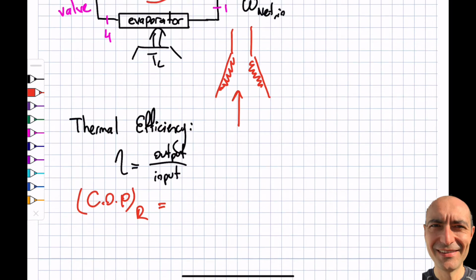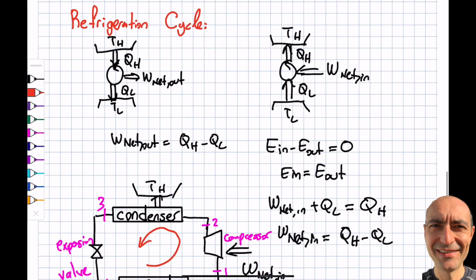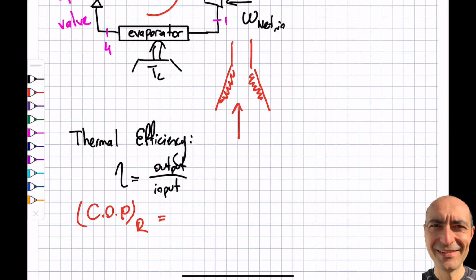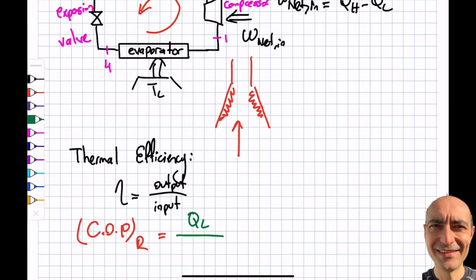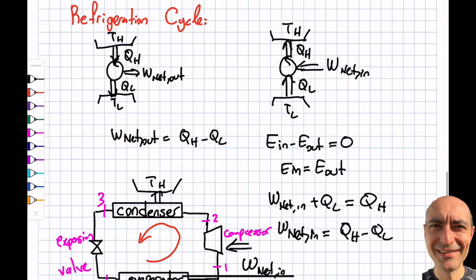And if I look up here in the cycle that I have, I think it is easier this way. So the goal for an AC is, this is the room, right? I want to remove heat, so that is the goal. If this is a refrigerator, this is the refrigerated space inside of the refrigerator. So I'm still removing the heat from it. So that is the output. That's what I want. And the input to the system, you can see over here, is this, right?